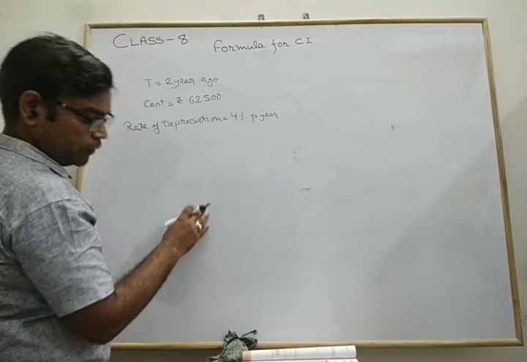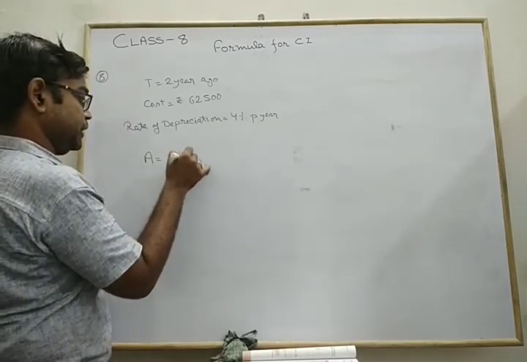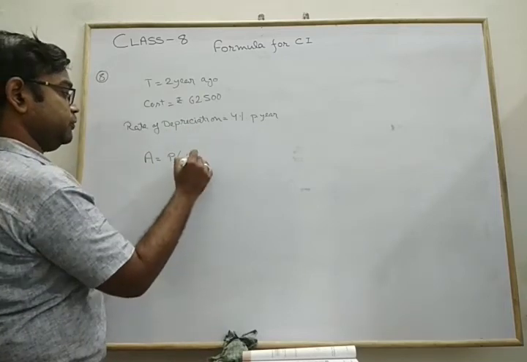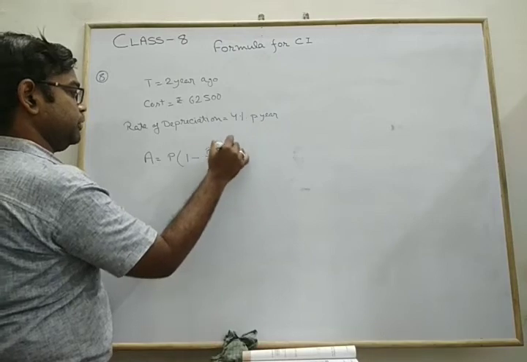So what is the present value? The present value, as I said, in case of depreciation, we use P into (1 minus R upon 100) whole to the power n, per annum.